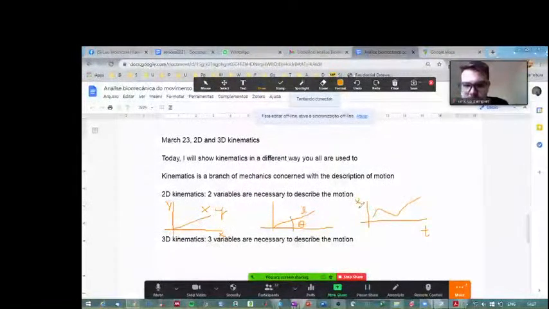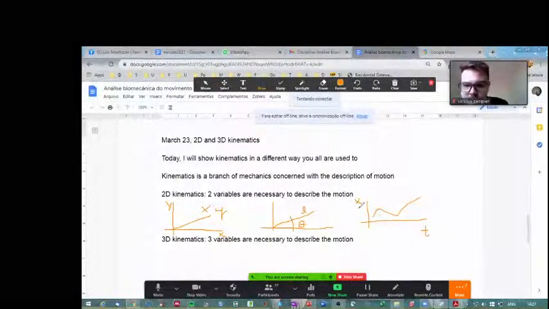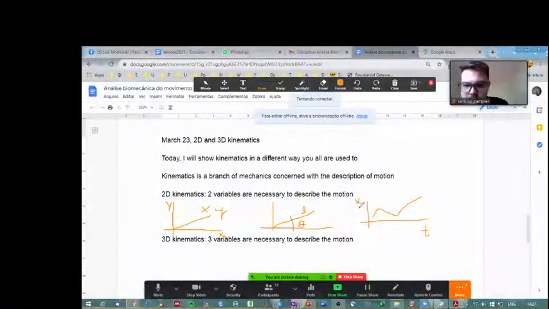But usually if you increase dimension, you are increasing the complexity of the system. So 2D kinematics means you need two variables to describe the motion. 3D kinematics means that you need three variables to describe the motion.